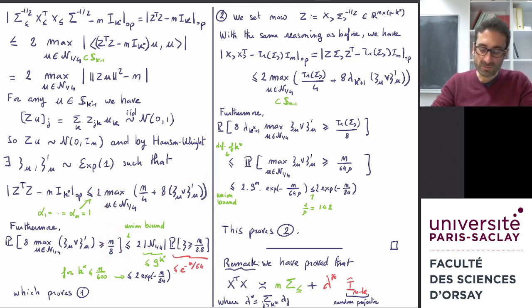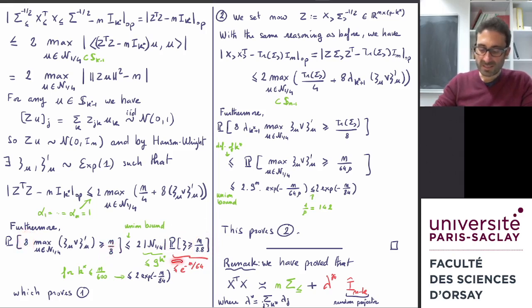For this, we just do a union bound over all the u, and a union bound over the two exponential variables. So I will have twice the cardinality of the 1/4 net times the probability that my exponential random variable is larger than n over 8 times 8.